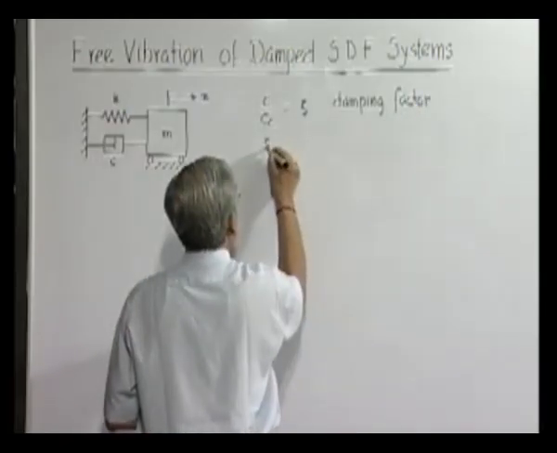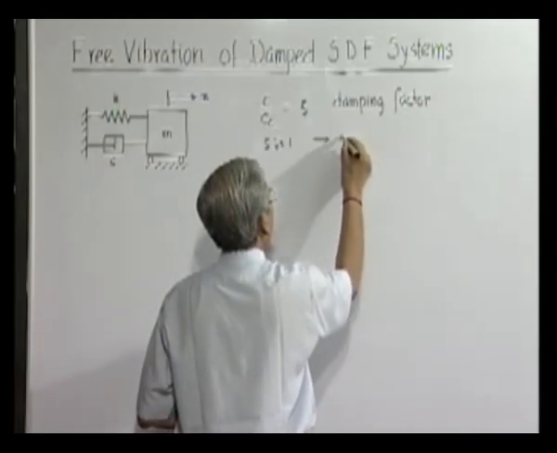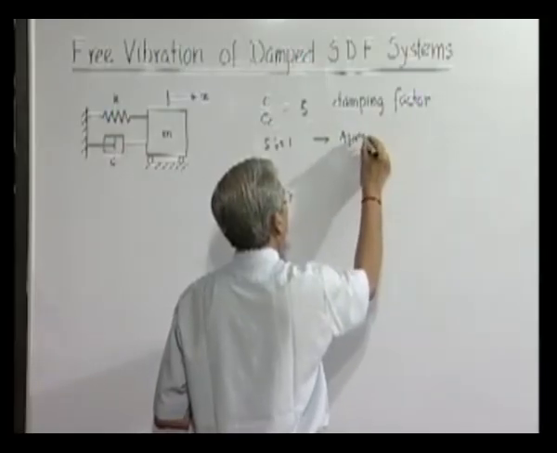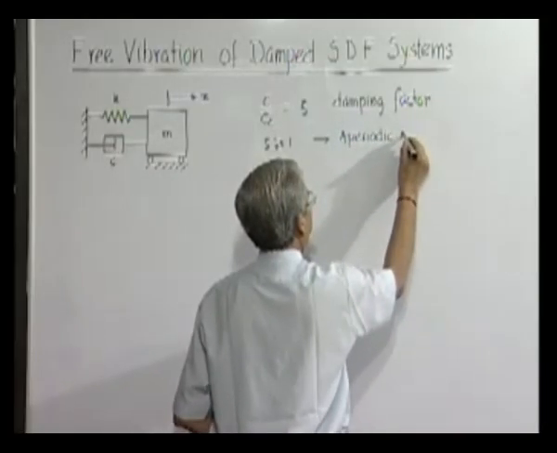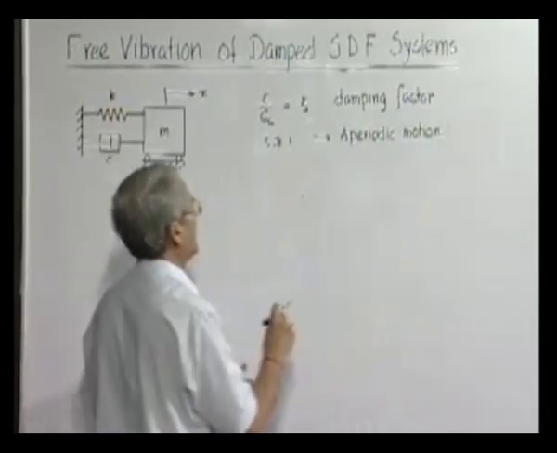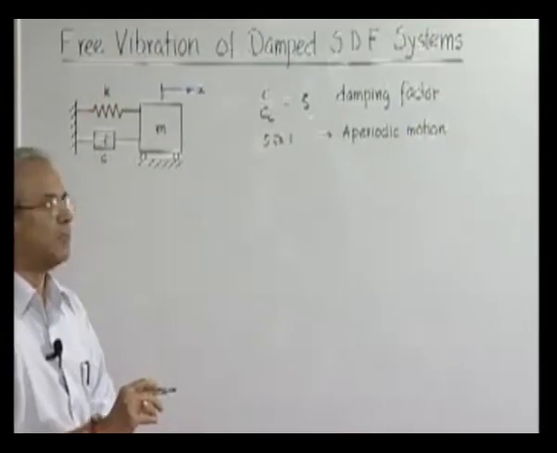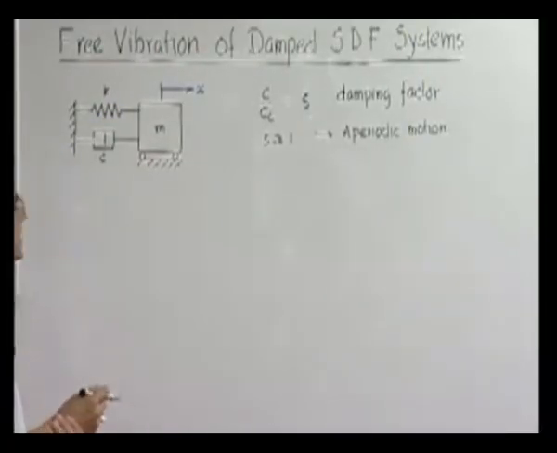When zeta is more than or equal to 1, it leads to aperiodic motion. We will investigate a little bit more about the motion of such systems when zeta is equal to or more than 1.